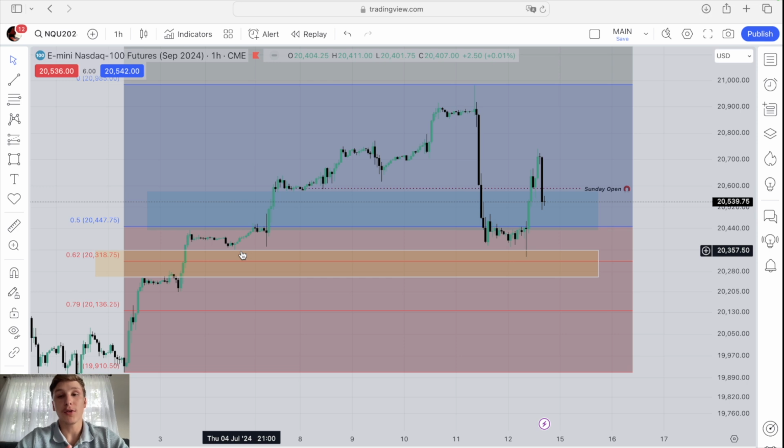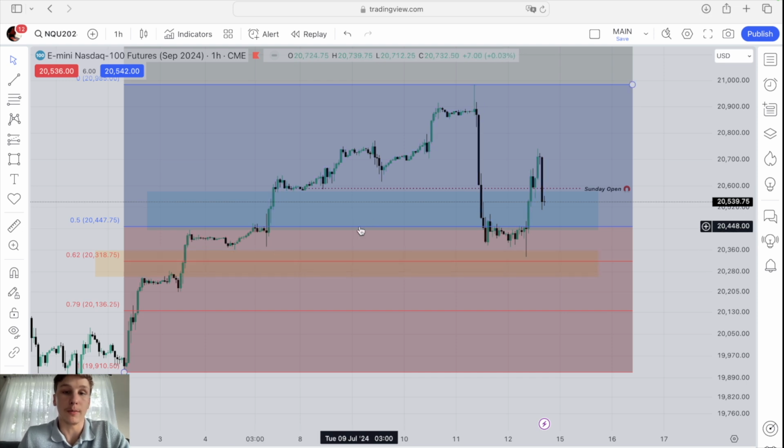Now, what I'm about to show you here is sold to you for hundreds and hundreds of dollars, but I'm giving it out for free right now, okay? These relative equal lows here hold a great deal of importance. Why? Where's equilibrium? Okay, we have equilibrium established here. What is the first significant pool of liquidity below equilibrium? It is right here.